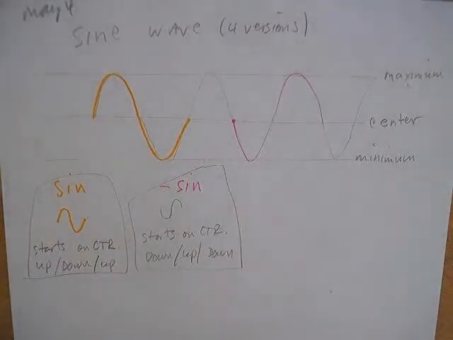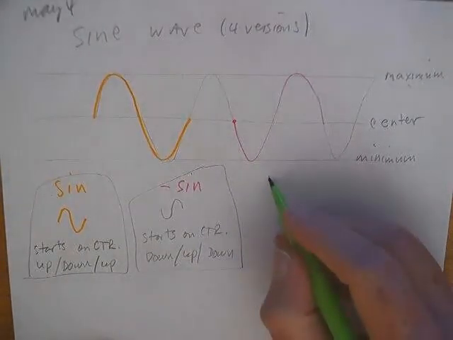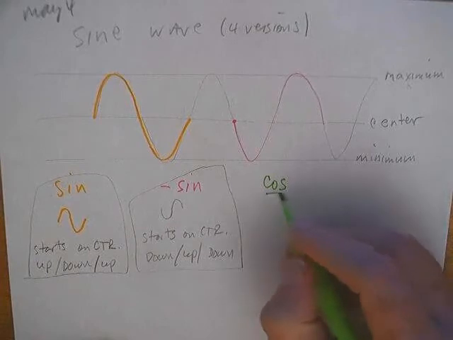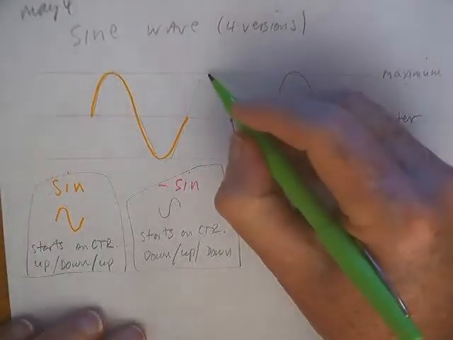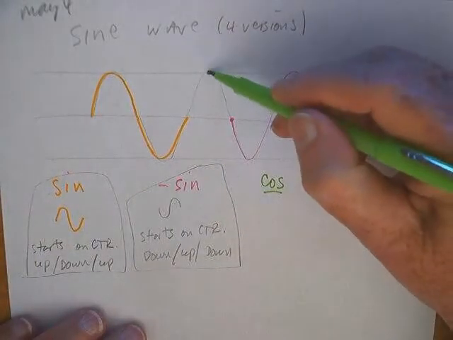Now the other 2 are a little crazy because, believe it or not, the cosine wave is living on the same sine wave. It's just part of it. But it starts up here at the top.